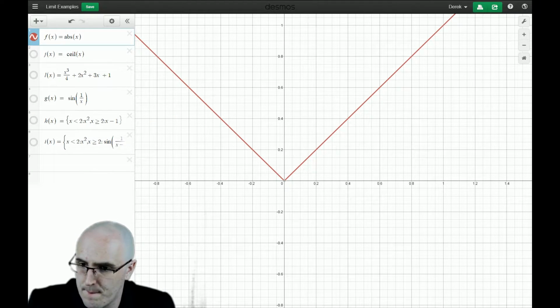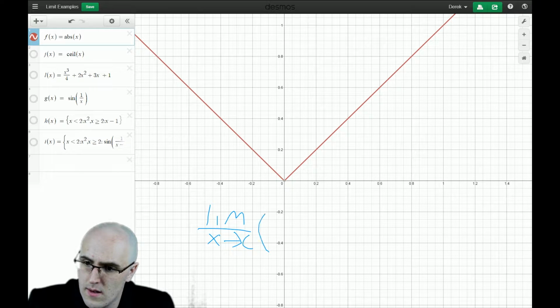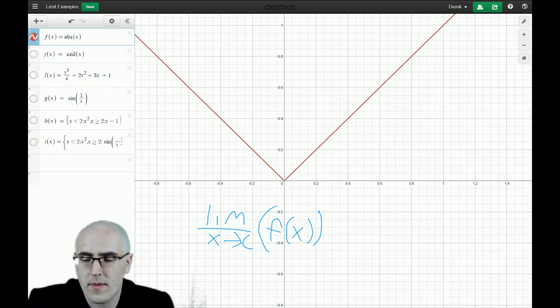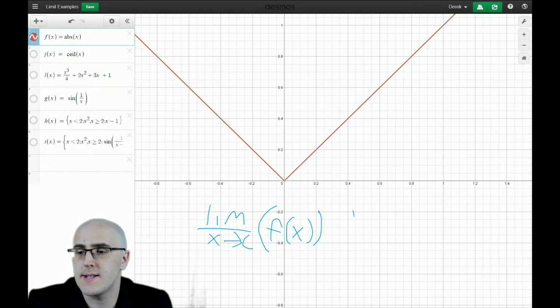The limit as x approaches some value c of some function f of x is what the function approaches from both sides as x nears c.